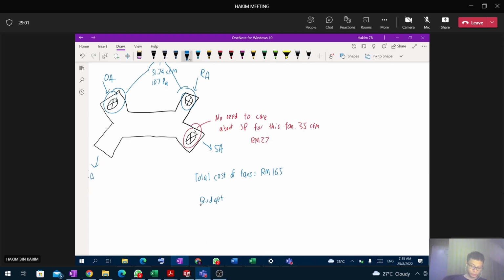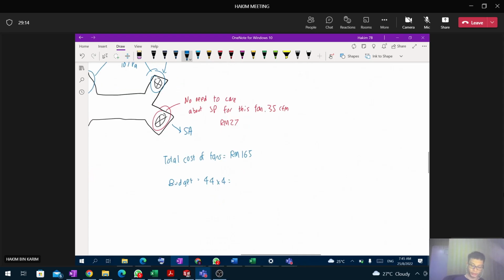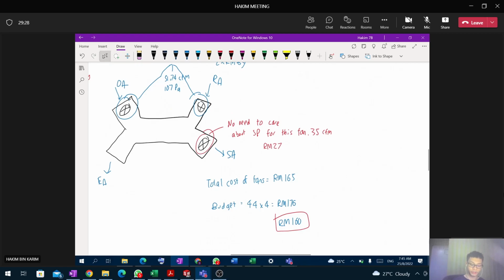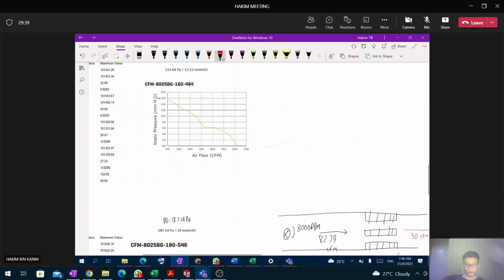This is the initial budget I set for the fans, $176. But if possible, 160. We try to achieve RM160 for the fans. Since we have these three fans, our budget by right should be just enough for our ventilation system.